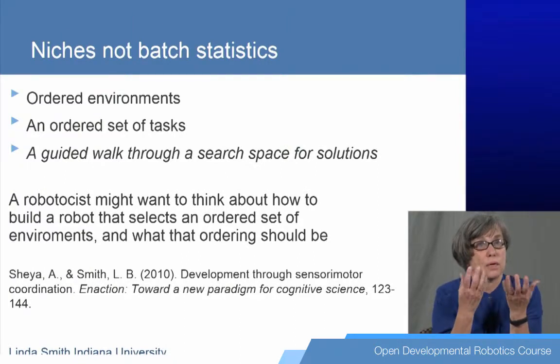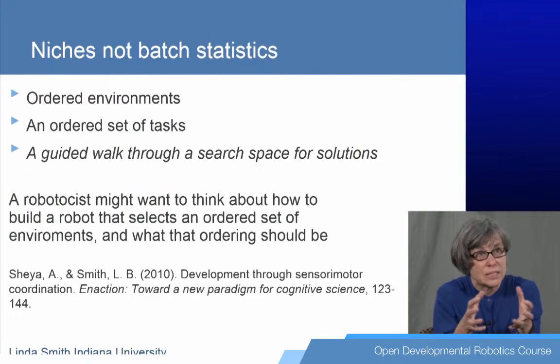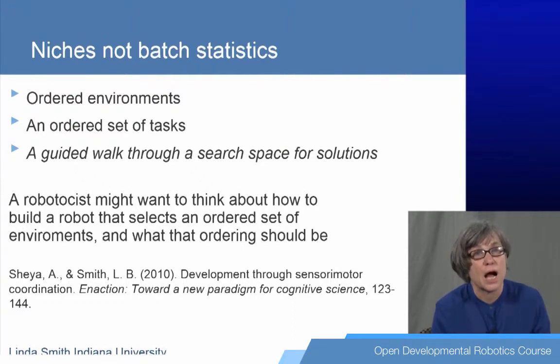So these developmental niches, these sets of ordered environments are not like batch statistics, okay? Instead, these young learners are given a guided walk through a search space for solutions and for tasks. And that guided walk is determined by their own activity, which is determined by their own developing sensory motor system.